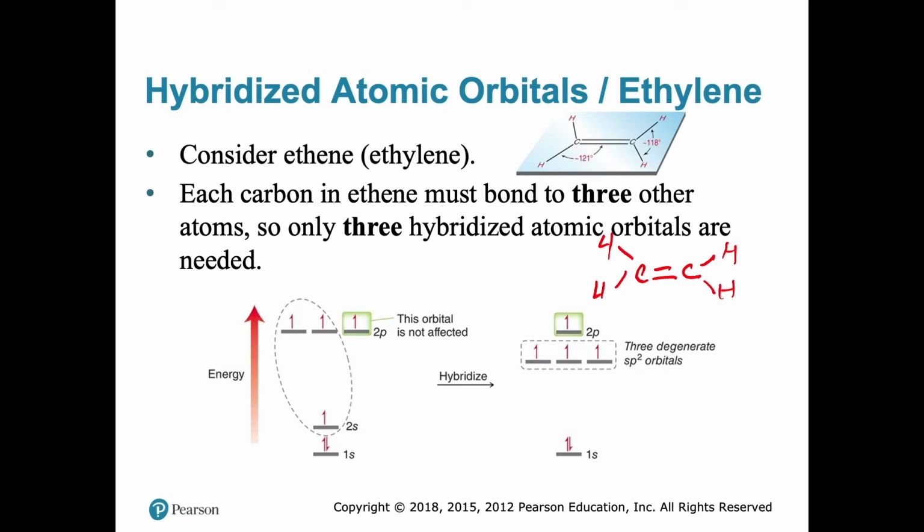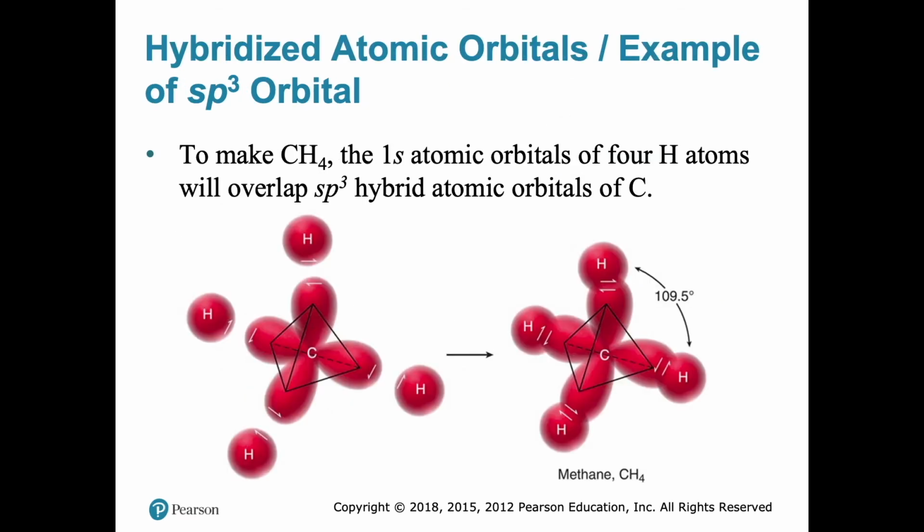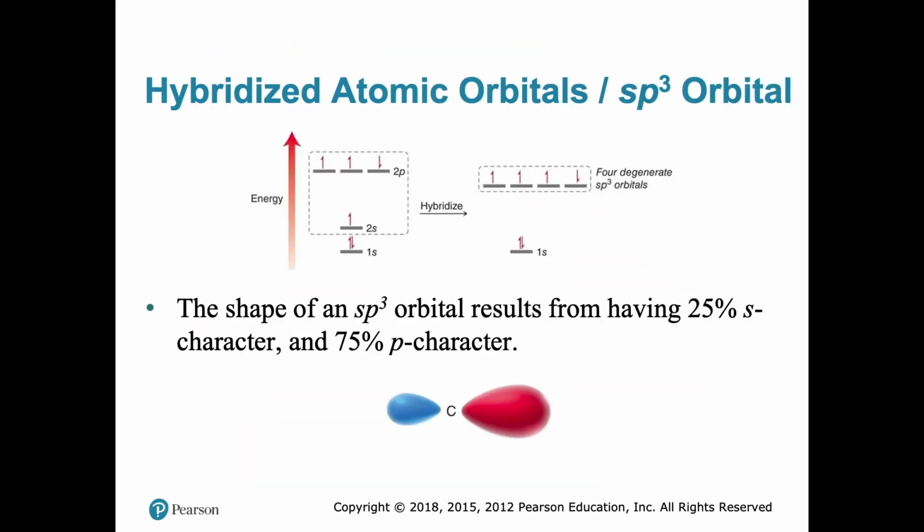Compare that to methane, which is sp3 hybridized. Why? Because it has 1s, 3p, which makes 4.